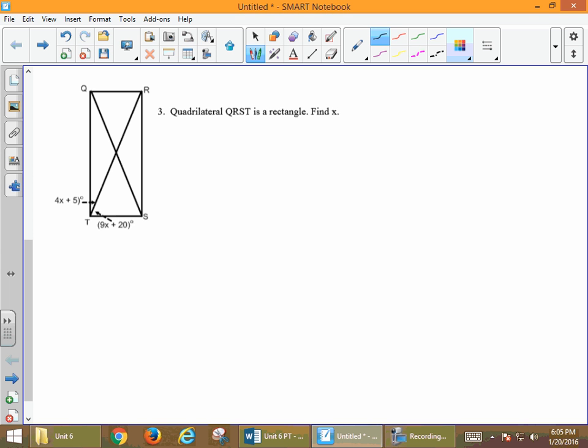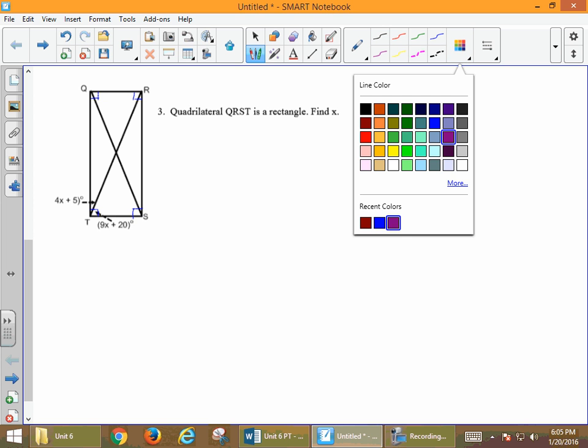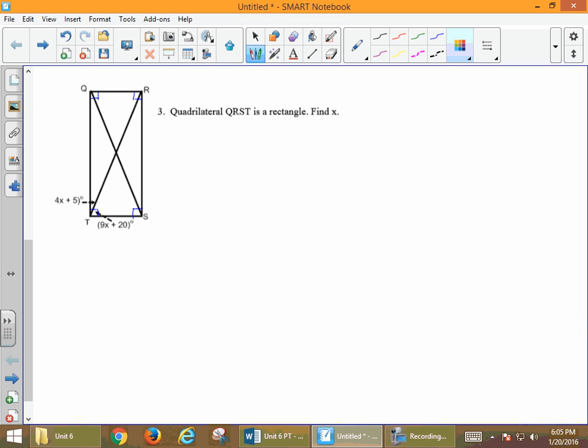The first one, all angles are 90 degrees. So angle Q is 90, angle R is 90, angle T is 90, and S is 90. Also, the diagonals are congruent in rectangles.